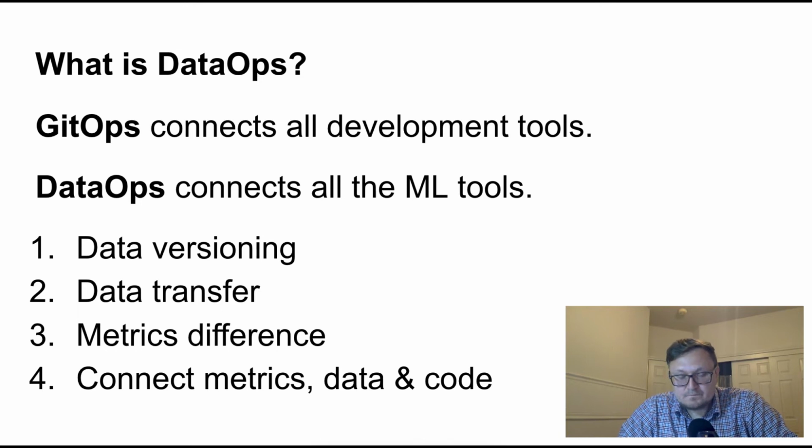And among those three important steps, DataOps is probably the biggest pain point, and it needs to be solved in the very beginning, because other tools can benefit from having good version control, data version control, and metrics-driven diffs and experiment differences.